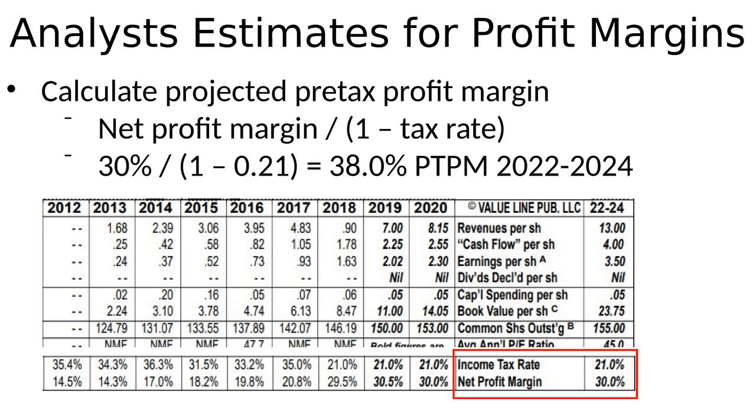You calculate the projected pre-tax profit margin. You take the net profit margin from Value Line, 30% divided by 1 minus the tax rate. So it's telling us the tax bracket tax rate that it's in is 21%. So 30% divided by 1 minus 0.21 gives you a 38% pre-tax profit margin for 2022 to 2024. Remember, this was done in 2019. So it's a little bit higher.